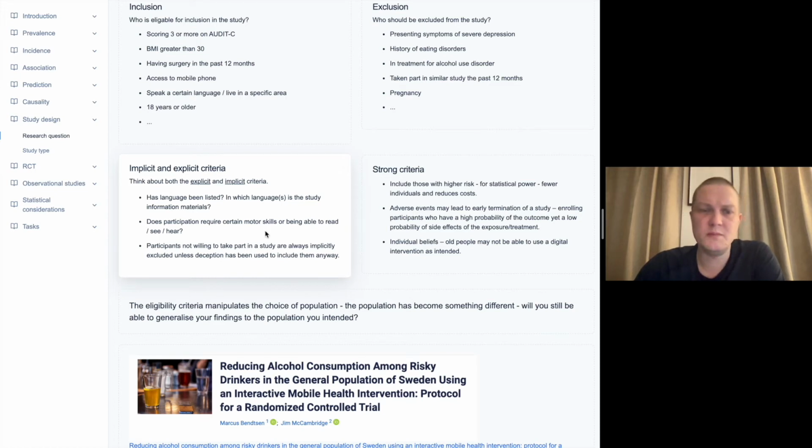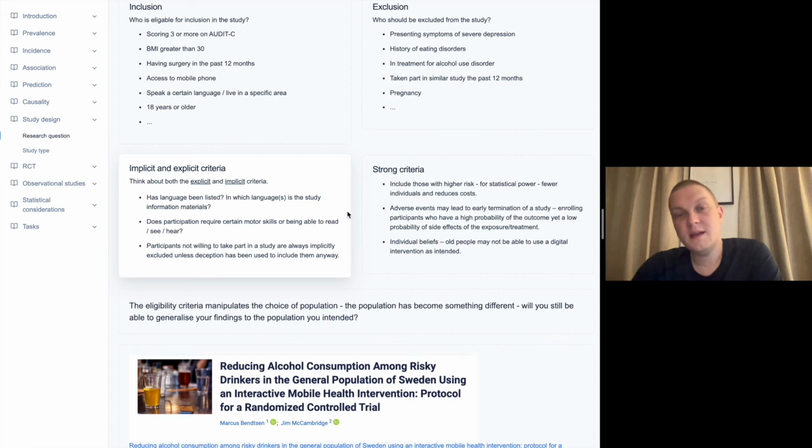Maybe there are certain motor skills or being able to read or see or hear that you haven't listed, and those are implicitly going to exclude individuals. And participants that are not willing to take part in a study are always implicitly excluded, unless you use deception, which I'll talk about a little bit later.